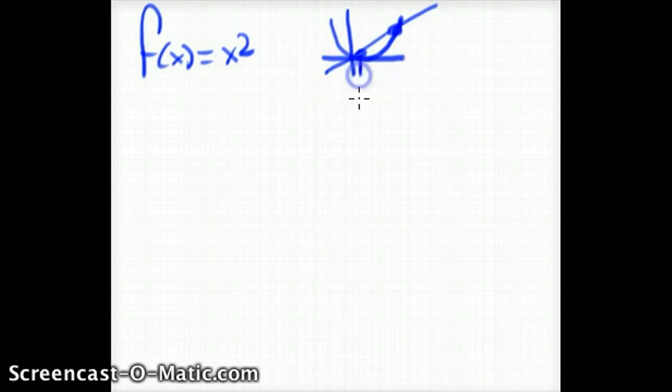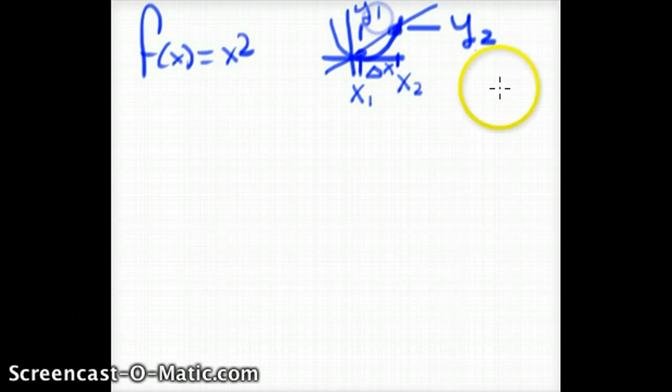Now, let's call this point x sub 1, and we can call this point x sub 2. Let's call this distance between those 2 points delta x. Now, the y value here we'll call y2, and the y value right here we'll call y1.